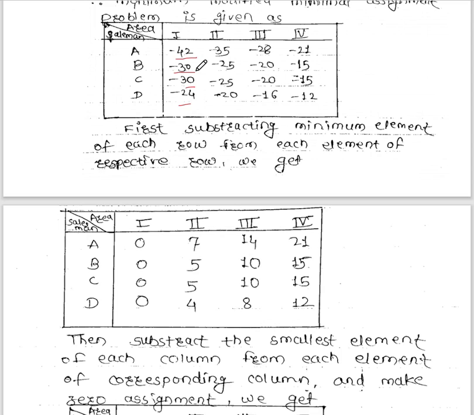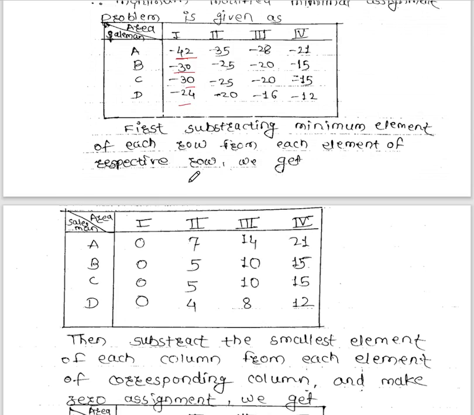So if you subtract minus 42, minus 42 minus minus 42, that means 42 will be added. Or you can say in another way, if you add 42 to each element of the first row. So instead of subtracting minus 42, we can say add 42, add 30, add 30, add 24.